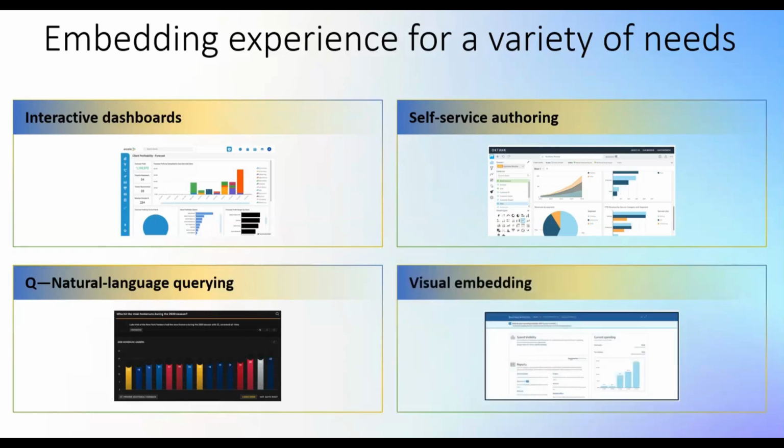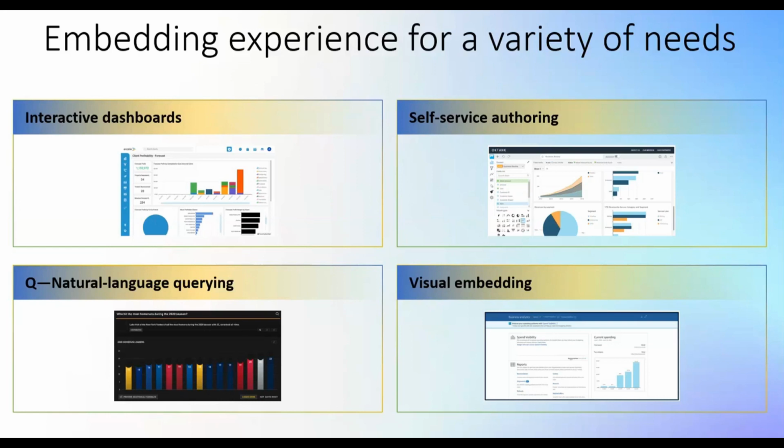Finally, QuickSight also supports visual embedding, which means you do not have to take a full dashboard and embed it. You can pick and choose visuals from various QuickSight dashboards and embed them as part of your high-traffic pages, etc. A classic example would be if you are a banking or financial customer, you want to show your stock ticker continuously on your landing page.